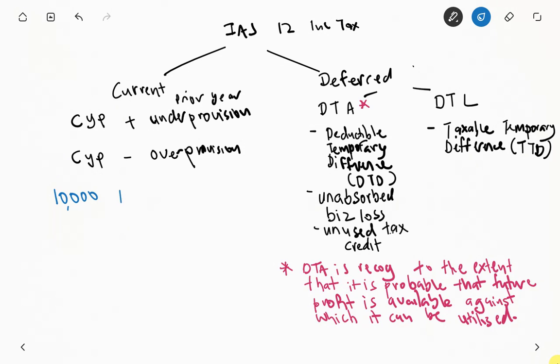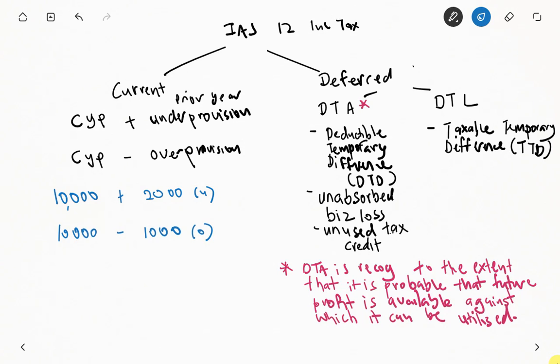However, last year my tax is actually higher, because I have underprovided. So last year is 2,000 underprovided. So this year, my current year provision will be charged this under provision. However, if it is over provided, I minus from this year. Okay, this is under provision, this is over provision.